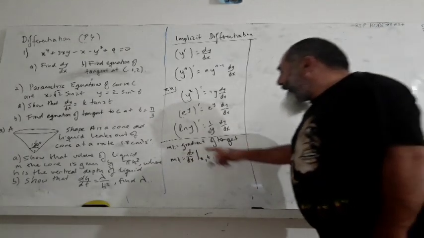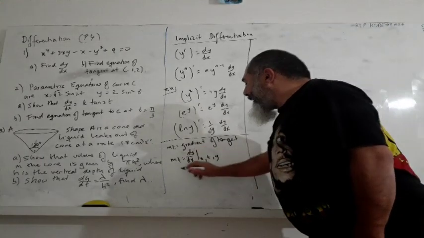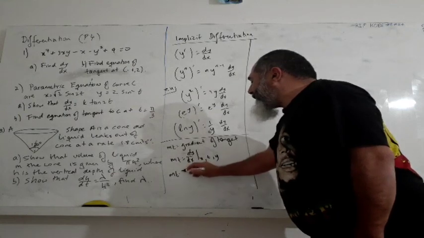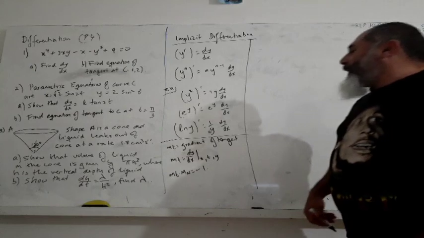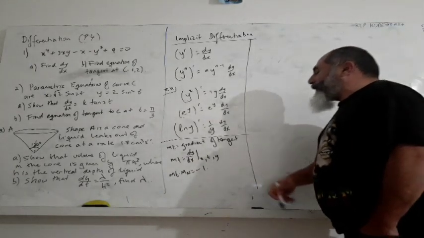And we have to remember that m tangent times m normal is always equal to minus 1 because they are perpendicular to each other. Let's solve question 1.